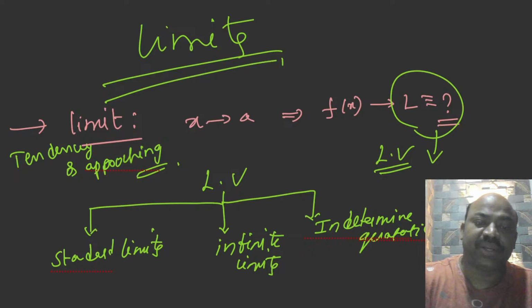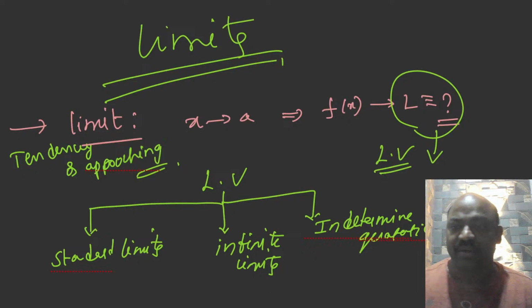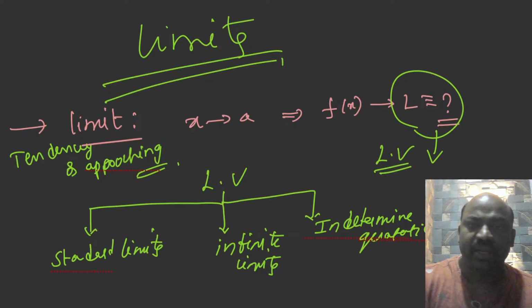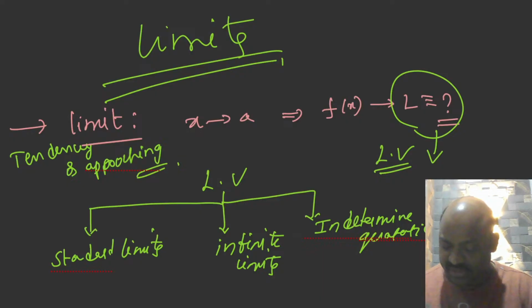How many types of limits are there, my dear? Generally you can look at three different types of limits. Any doubt till here? These three types are standard limits.